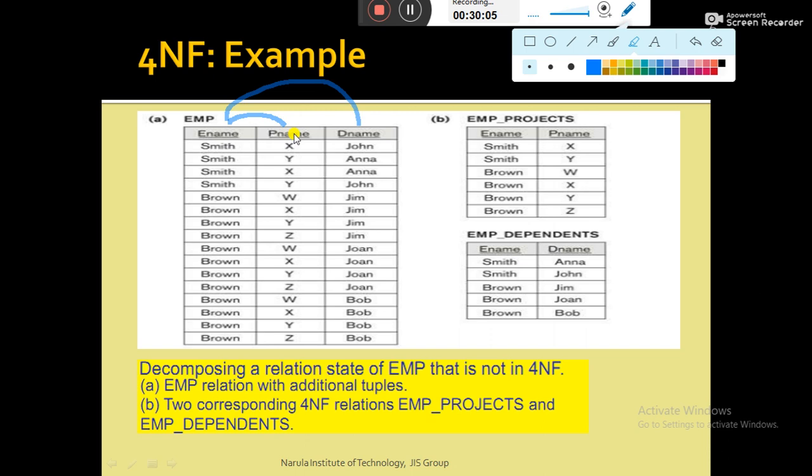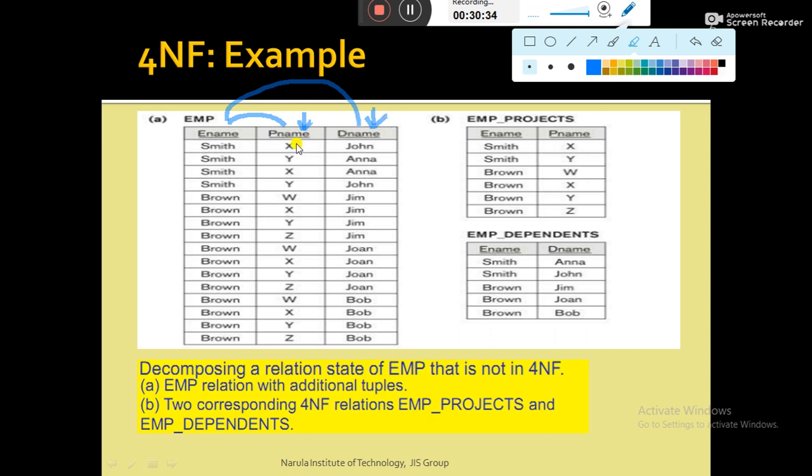Now, as I have said, a particular relation has an MVD if two 1:n relationships exist, as well as there should be no relationship between the multi-valued attributes. Second, we have to check whether the multi-valued attributes pname and dname are related with each other or not, means they have dependency or not.